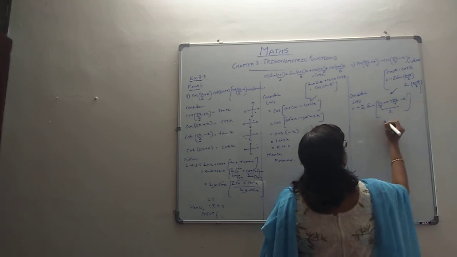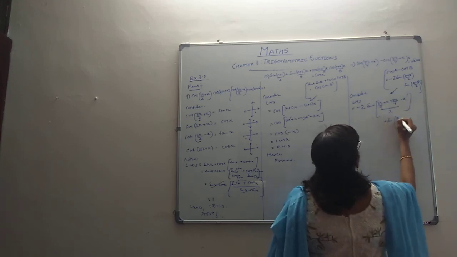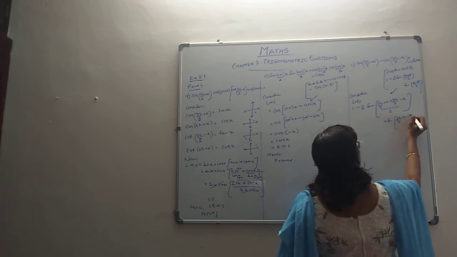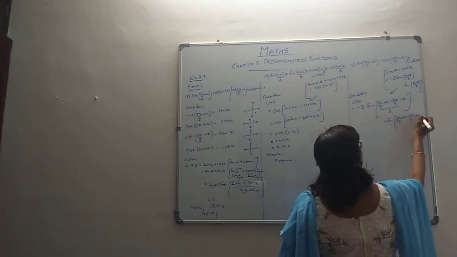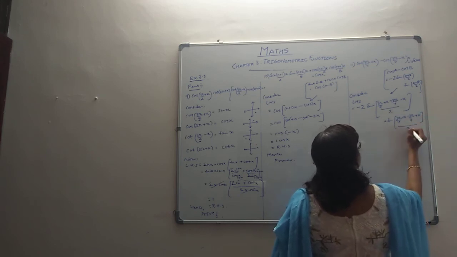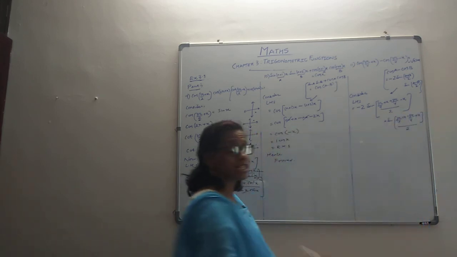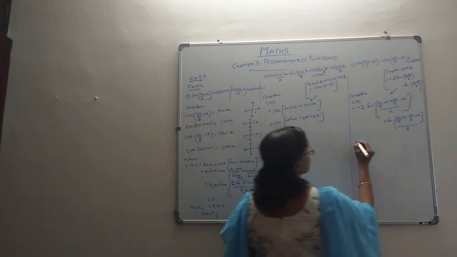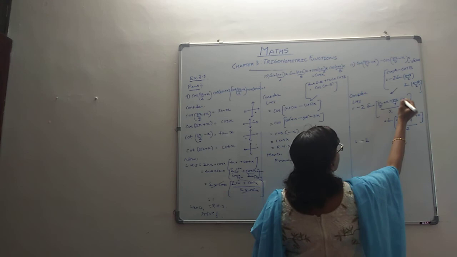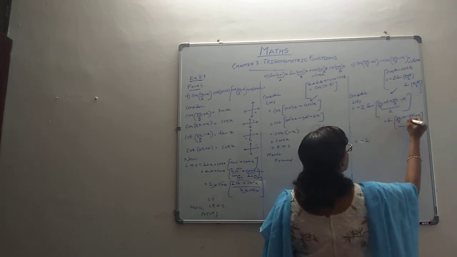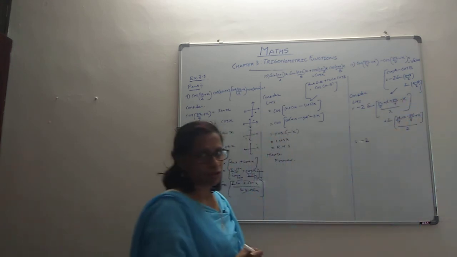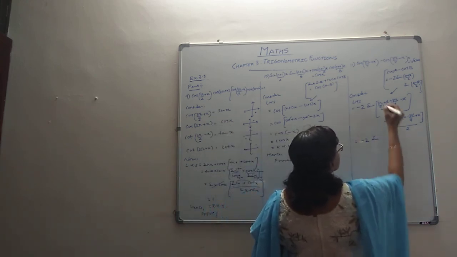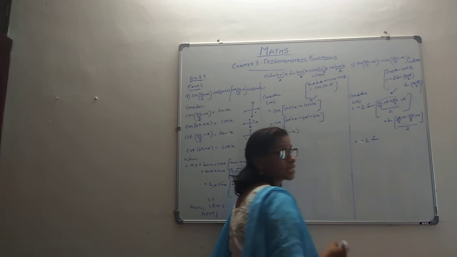First term, second term: sine of 3 pi by 4 plus x minus 3 pi by 4. Because it's minus, there is a sign change and you get minus 3 pi by 4, minus into minus plus. You have the terms like this. Let's see now how this is simplifying. This is minus 2. Plus x minus x cancels here, plus 3 pi by 4 minus 3 pi by 4 cancels. So what are we left with? We are left with sine. Now just check this: 3 pi by 4 plus 3 pi by 4.